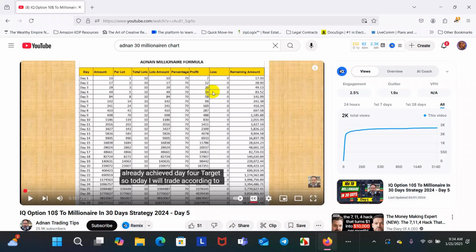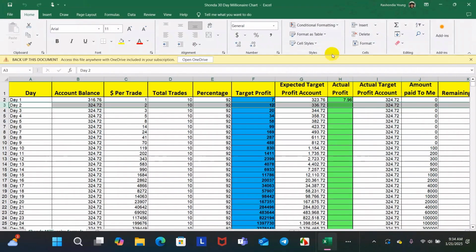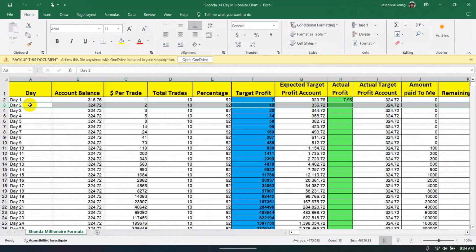But that does not matter when it comes to trying to complete day 2. It matters in the sense that you were able to get back your losses.